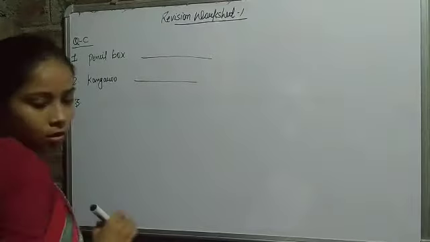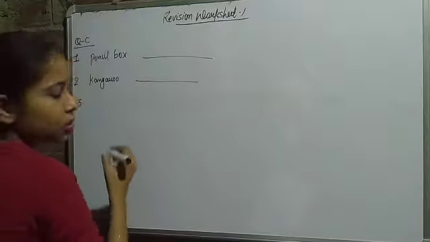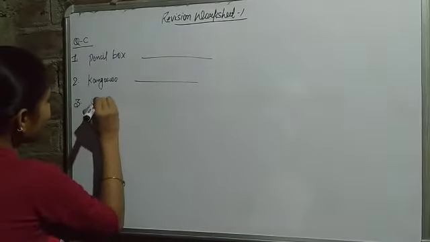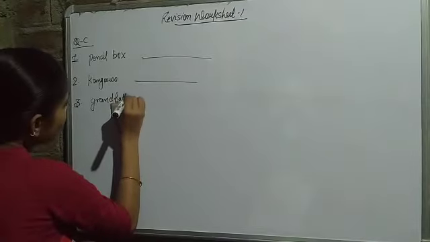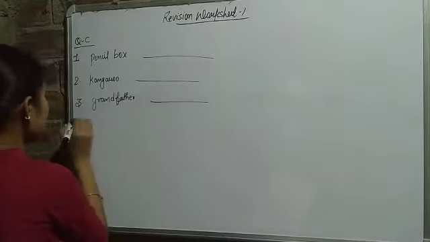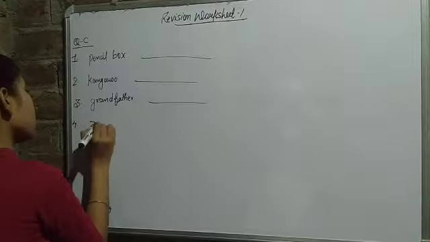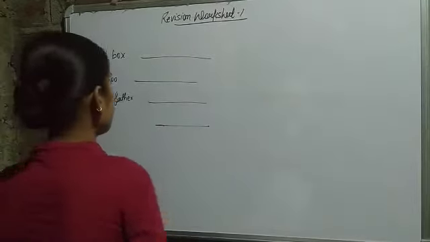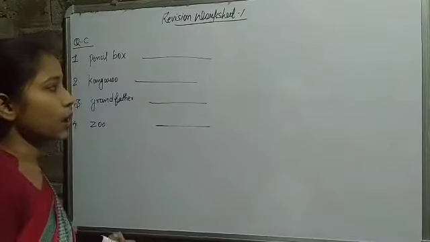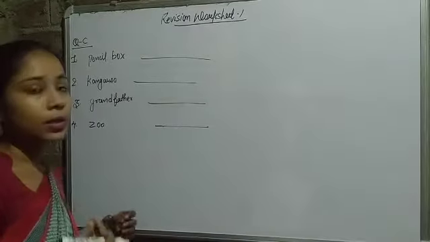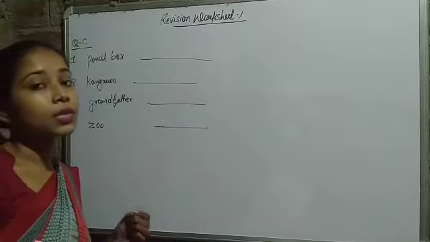Number 3, grandfather. And zoo. So we have these 4 naming words here, and now we have to write down which one is a person, which one is a place and which one is a thing.